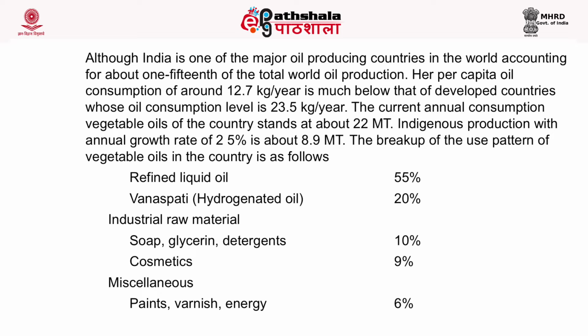Now, industrial use, that is soap, glycerin, and detergent manufacturing, about 10%, and cosmetics consume about 9%. The rest 6% is used for miscellaneous uses like paints, varnish, and for energy purposes.